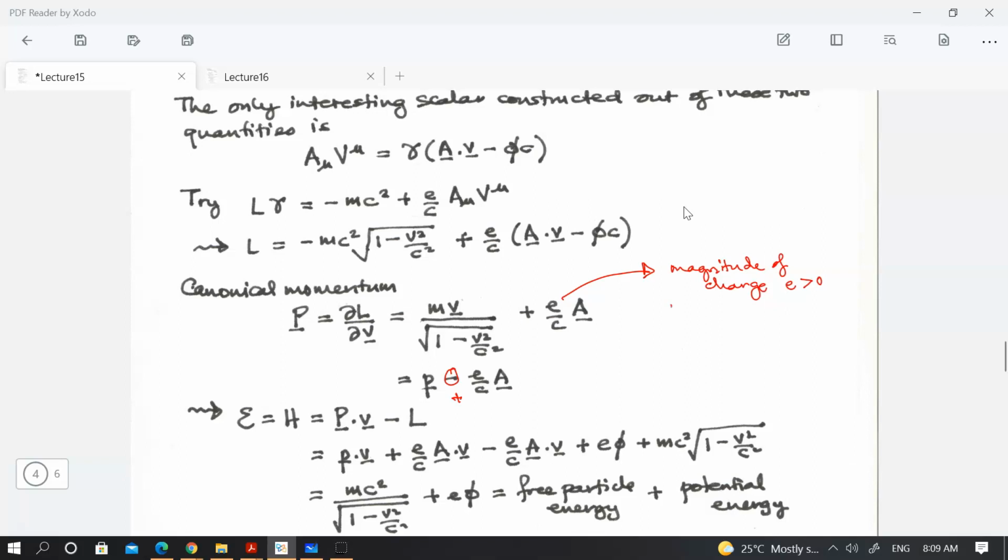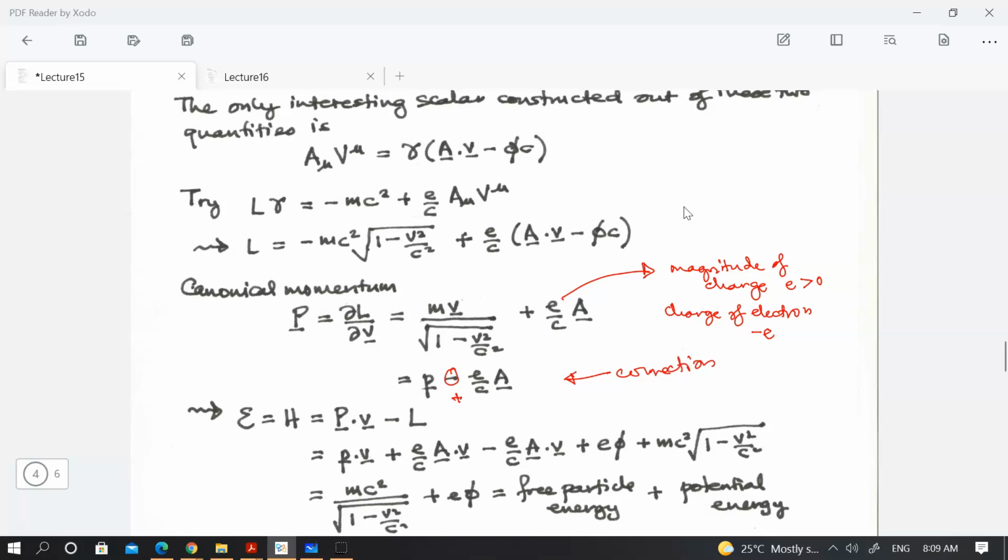The charge of the electron then will be written as minus E, because the charge of the electron is negative. So these are two different sources of confusion. One is this correction here, and the other one is with respect to the symbol that one uses.